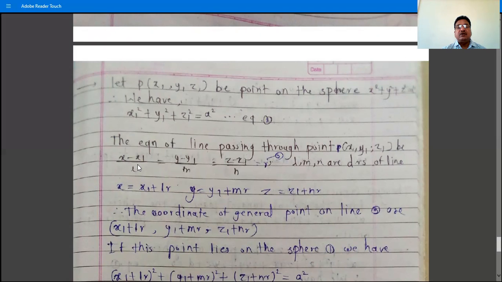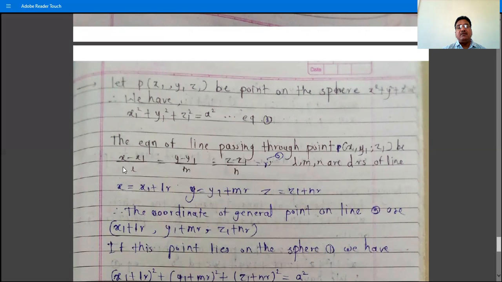Instead of this l, m, n, we can also use other notations like a, b, c. If the equation of the sphere is x square plus y square plus z square is equal to r square, then in place of l, m, n we can use small a, b, c or any other notations. And x1, y1, z1 is the point on the sphere; this line becomes a tangent line to the sphere. Suppose all this ratio is equal to r.